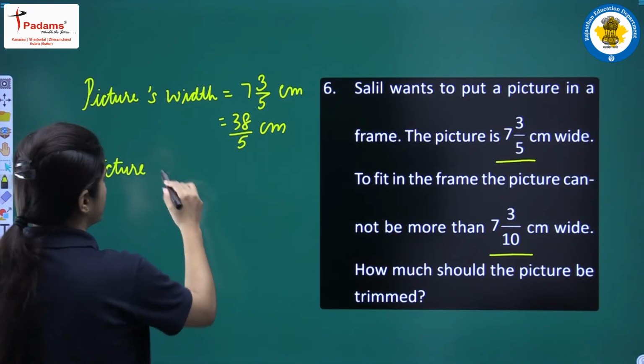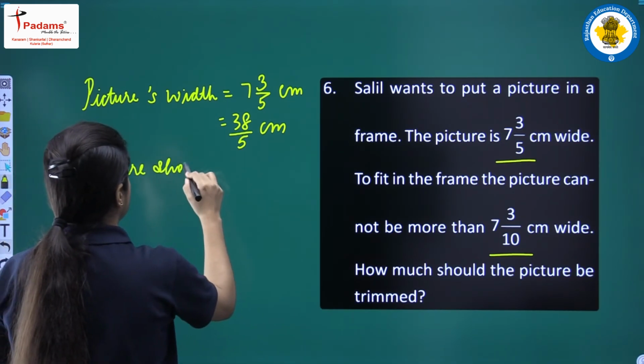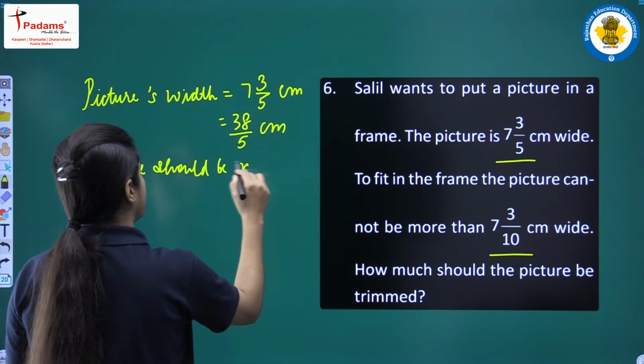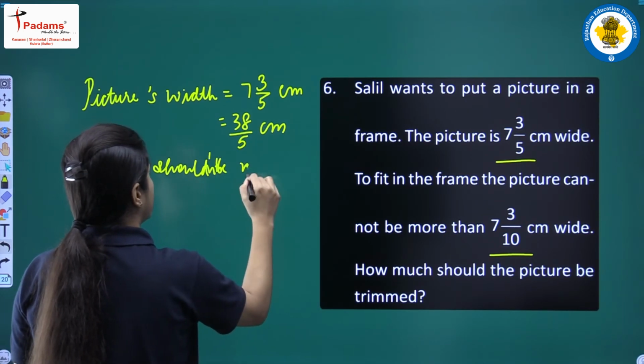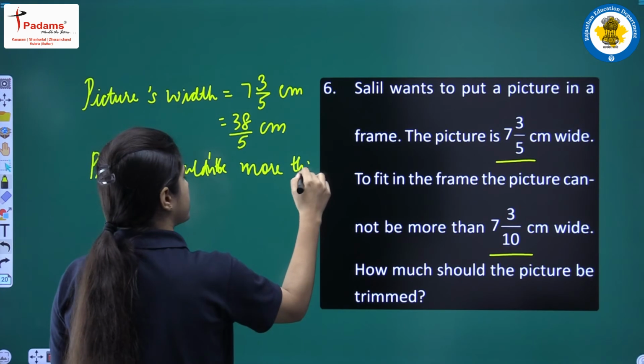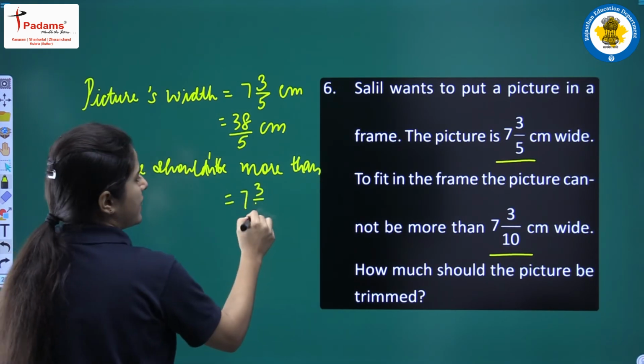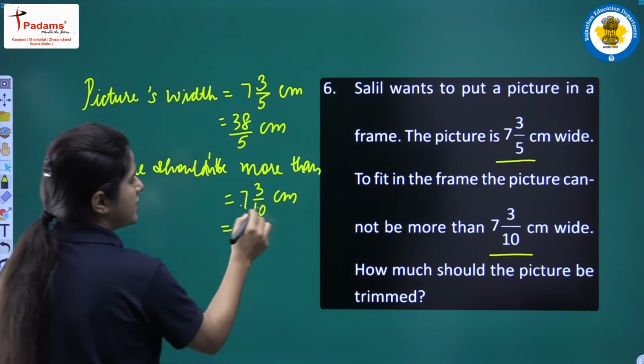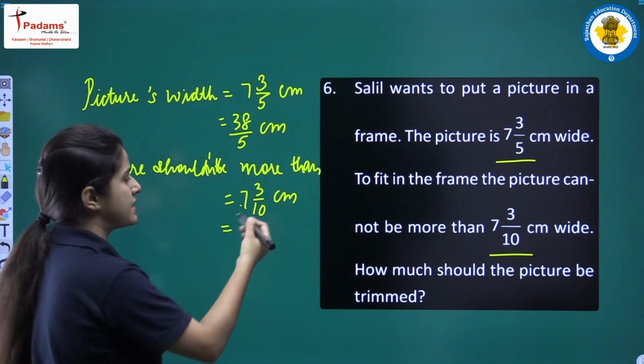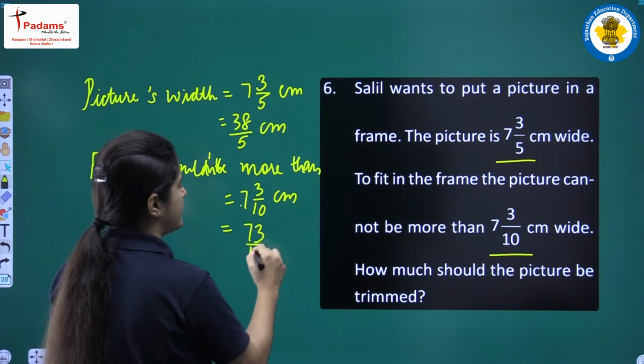Picture should not be more than that, which is 7 and 3 by 10 centimeters, right. 7 into 10 is 70, 70 plus 3 is 73 upon 10 centimeters.